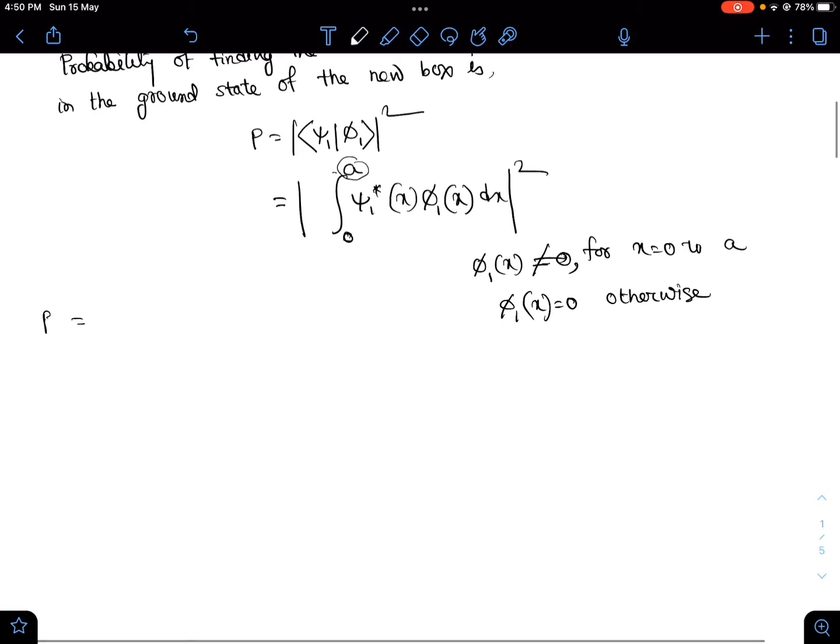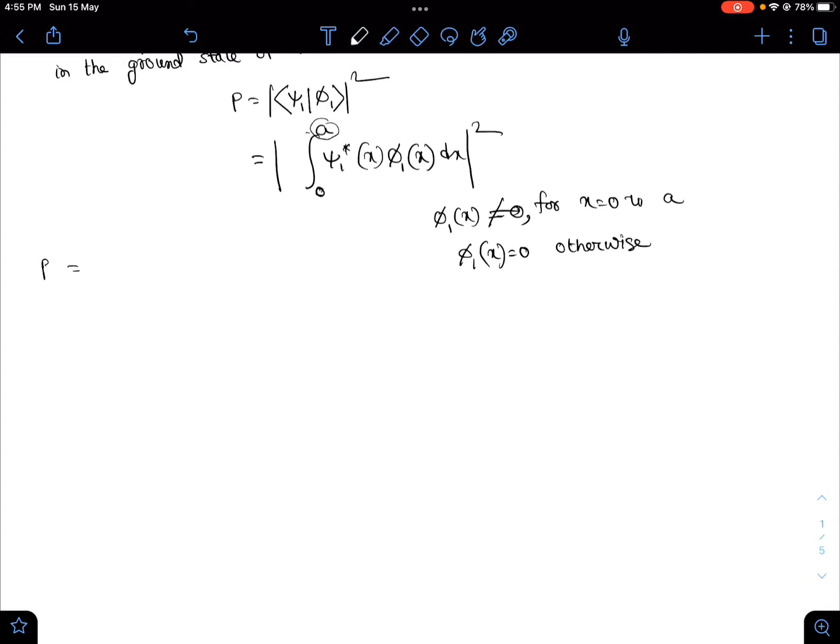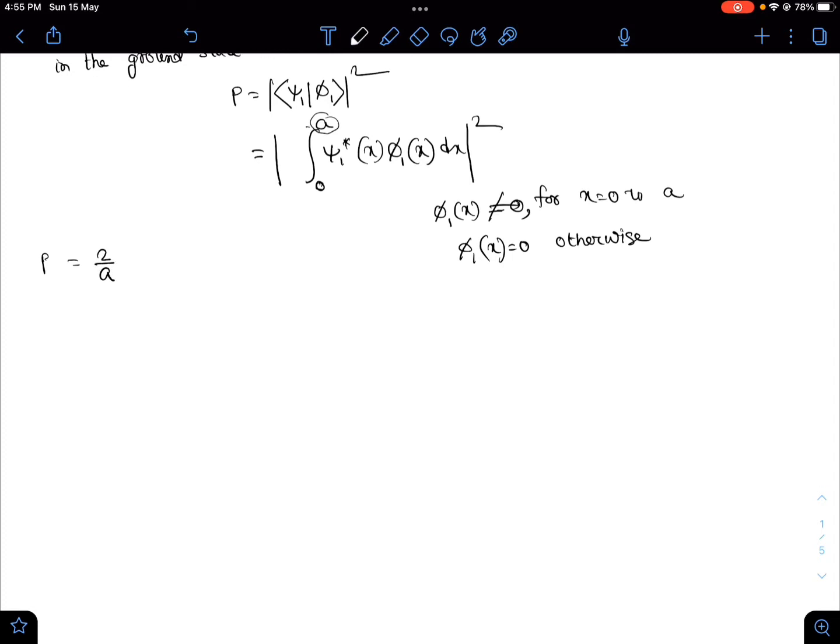So it is 2 by a, and we will have 1 by 2a, and in the integration we will have, not sine square now, sine pi x by 4a and sine pi x by a dx from 0 to a, whole squared.